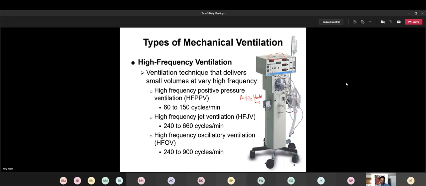You never see it. It's inside the machine. So when you connect it to the air in the wall and the O2 in the wall, it does all the blending that it needs to on the inside. So you set an FiO2 at 40%, and it'll blend up the right amount of air and oxygen to deliver the 40%.